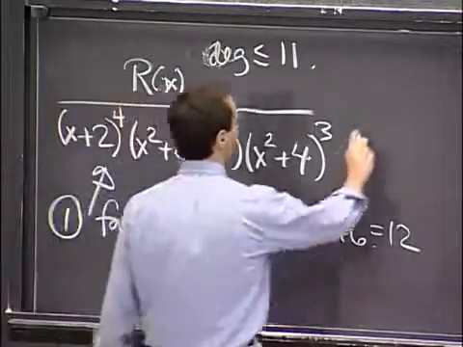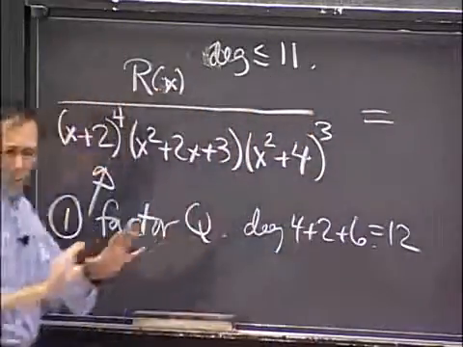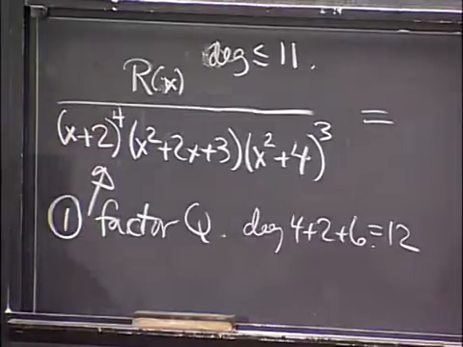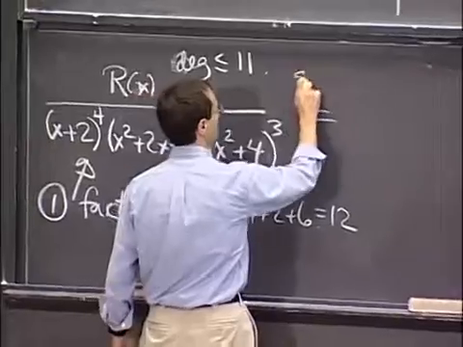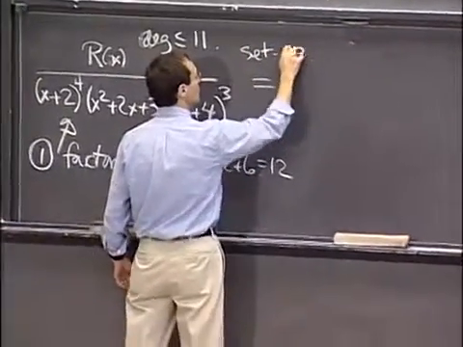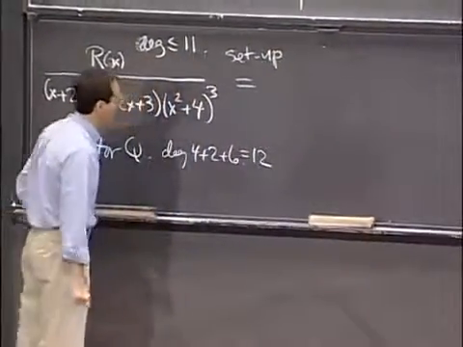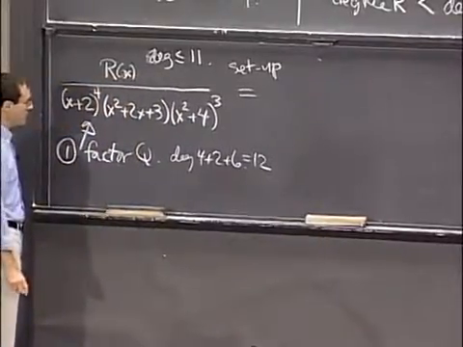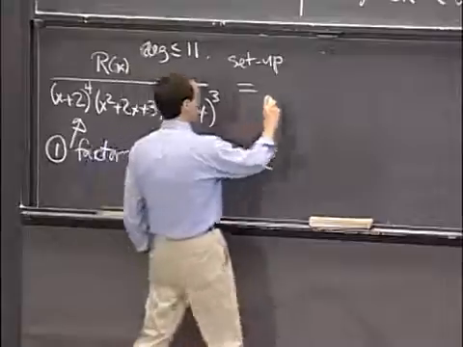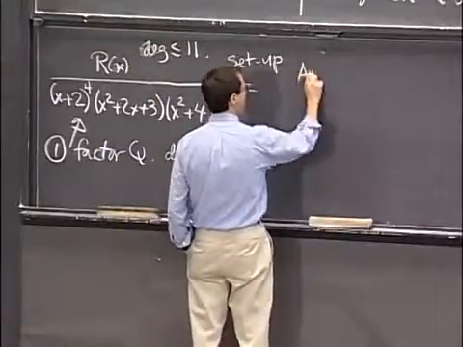Now, the extra information that I want to impart right now is just this setup, which I called step 2 last time. And the setup is this. Now, it's going to take us a while to do this.